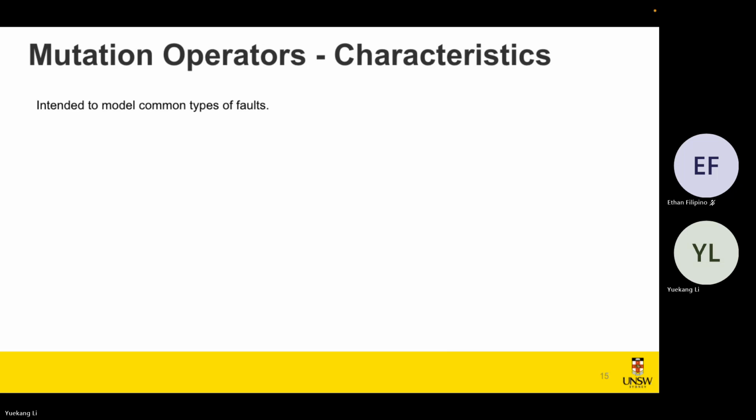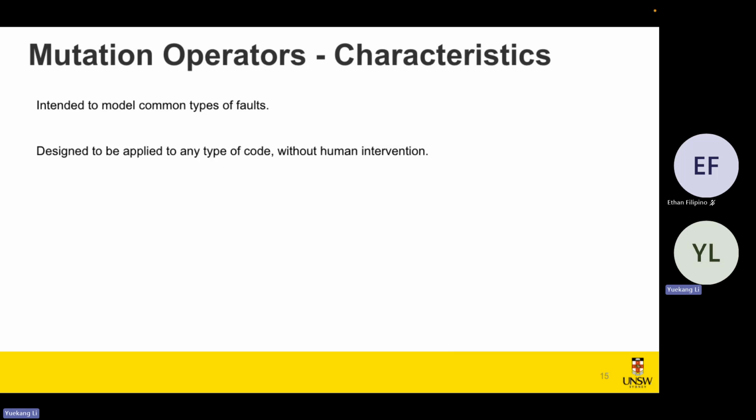These mutation operators are intended to model the most common types of faults. That is to make sure that we are injecting faults that are likely to happen in the real world during development. This is the first characteristic.